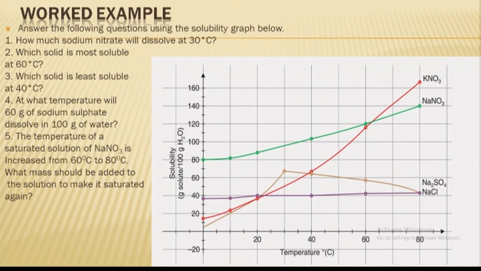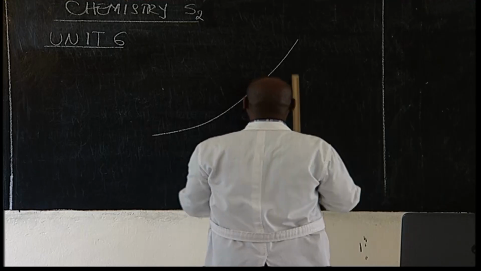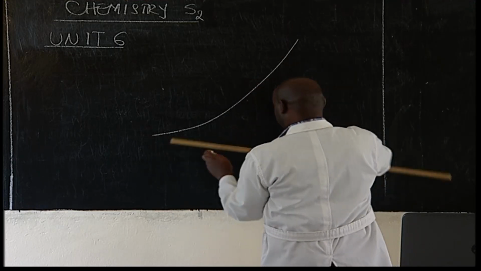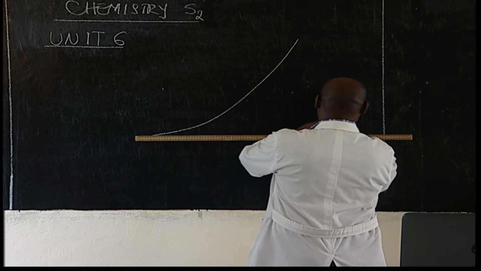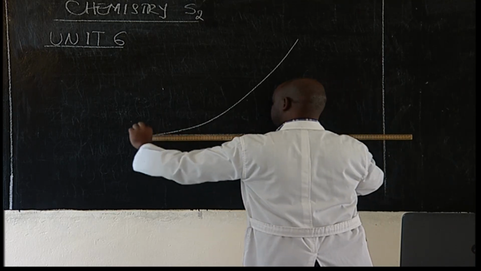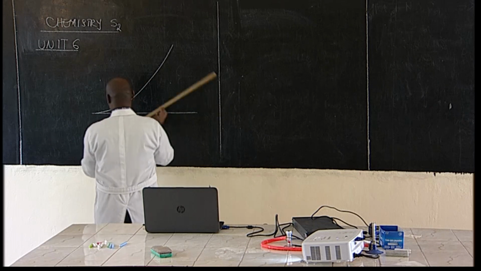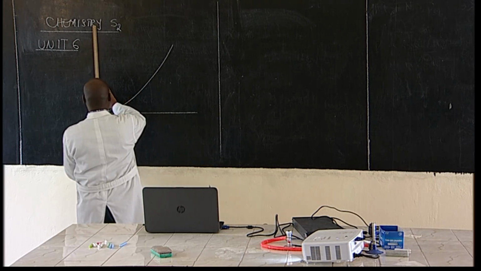If you have your curve, which is like this, and then here we have the y-axis, this is the x-axis.